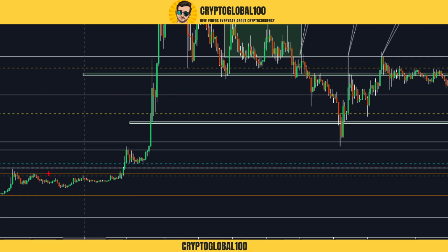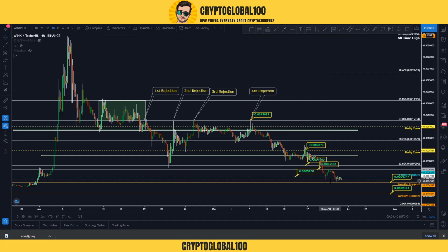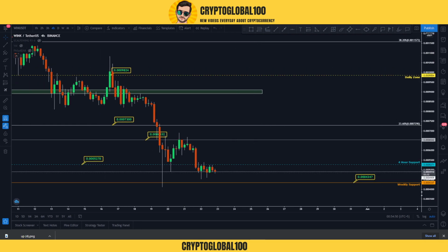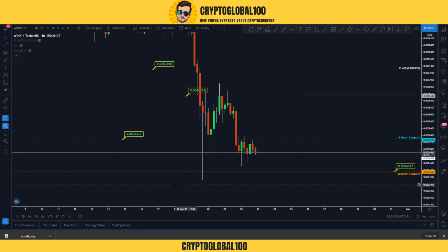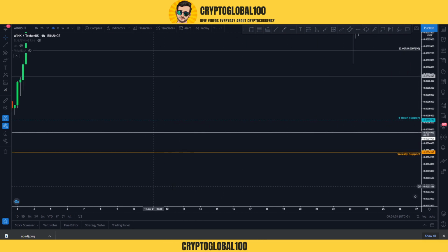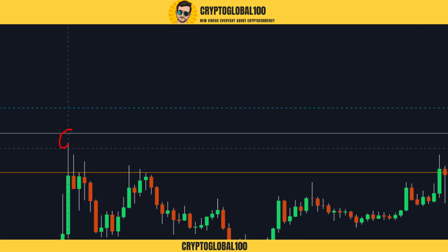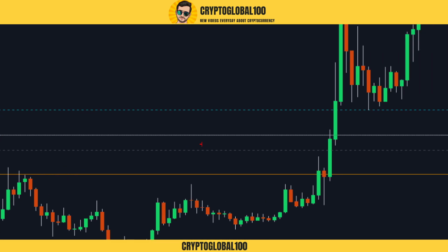If we take a look here, this line is a support zone, and you can see how perfectly it holds. I have drawn this line way back. If we take a look at this area, this is a demand zone.